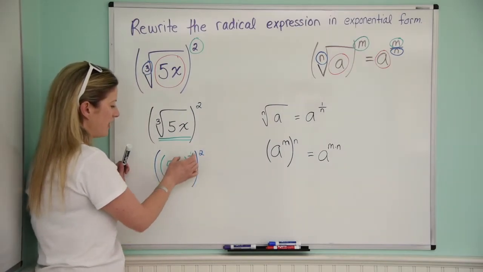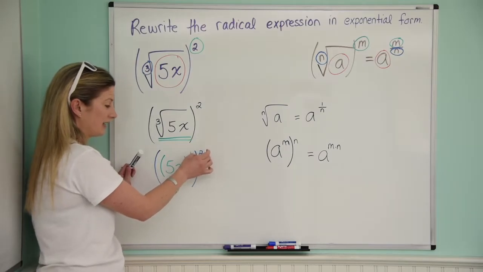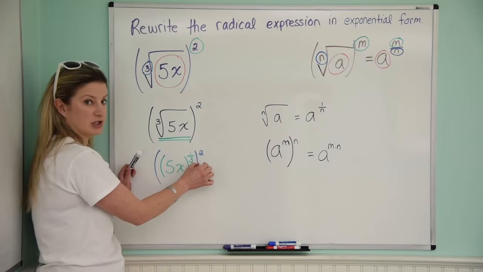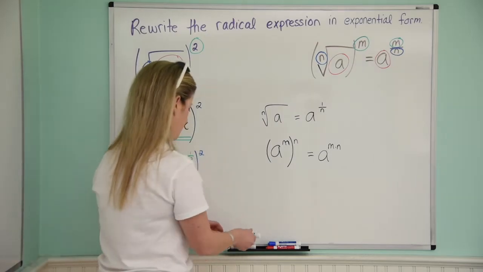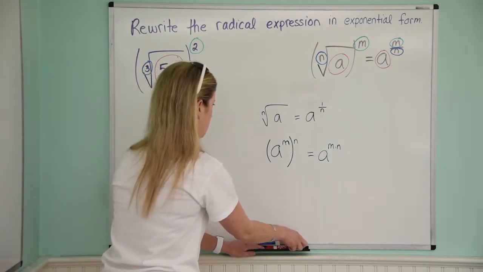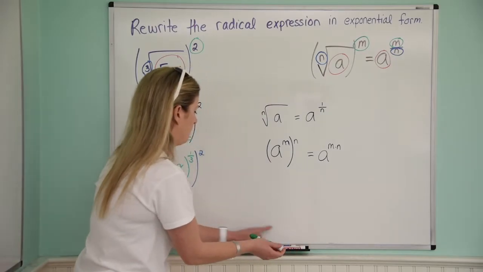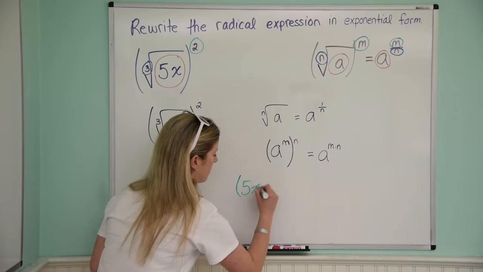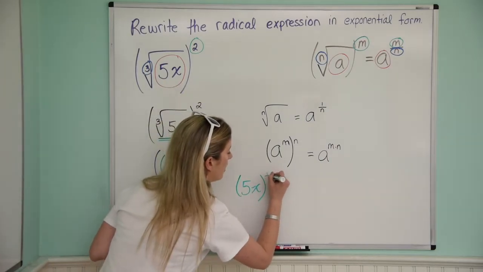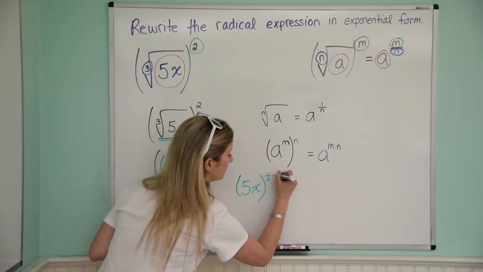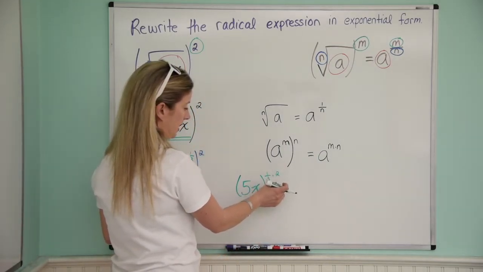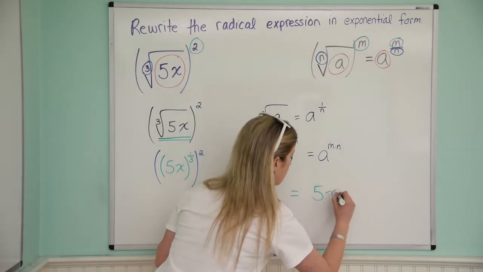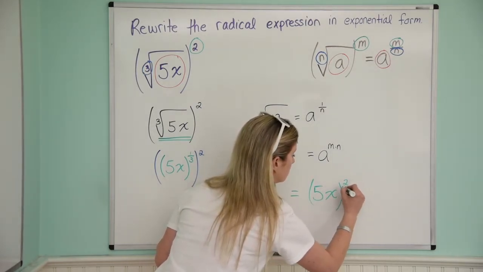So that means 5x to the 1/3 to the second is the same as 5x to the 1/3 times 2, okay? So we will do that over here. I'll stay in green here. I'm running out of room, but I think we'll be okay. So that's just going to be 5x to the 1/3 times 2. We all know that 1/3 times 2 is 2/3, so that's just going to equal 5x to the 2/3.